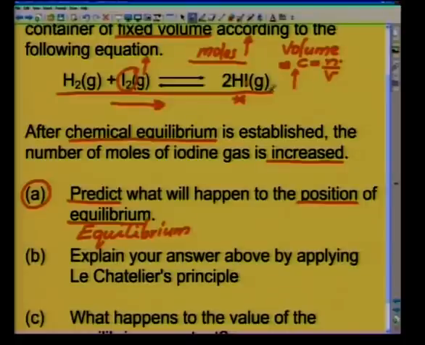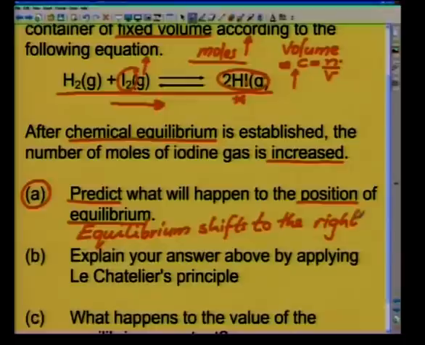To do that, it needs to shift everything to the right. In other words, more of the hydrogen iodide is going to be formed. So equilibrium shifts to the right, or shifts to the forward, or towards the forward direction. Let me just call it to the right here. Okay? So that's what is going to happen.